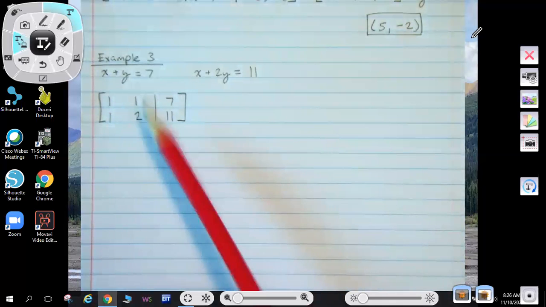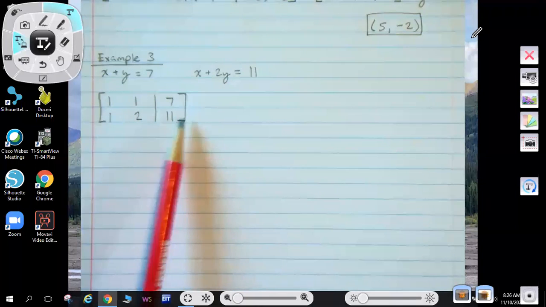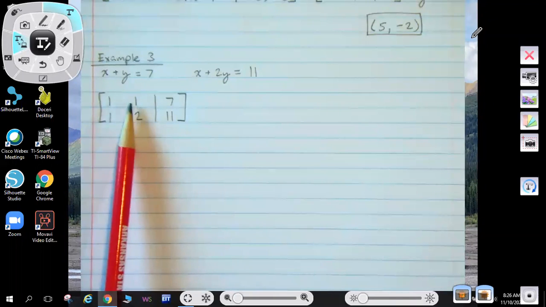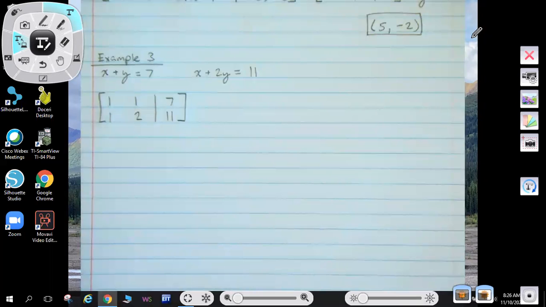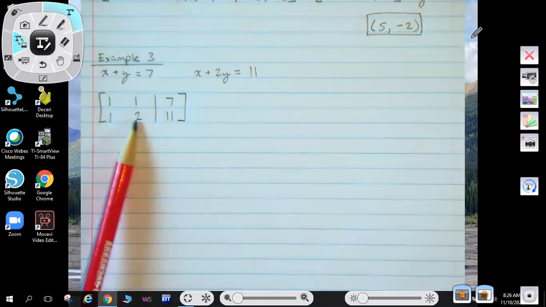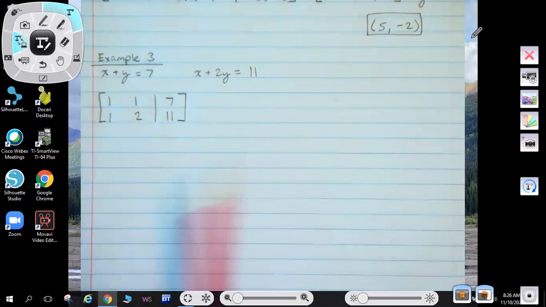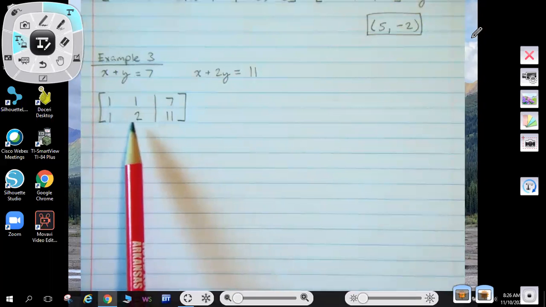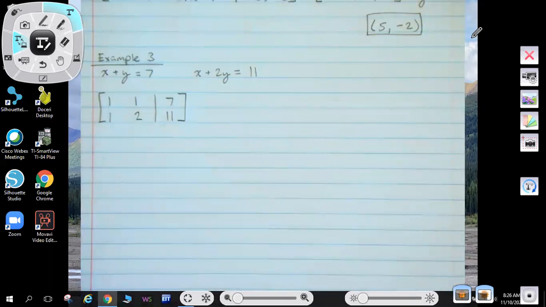So we need to figure out what we need to multiply this second row by so that we have a -1 here that would then add with this +1 to become 0. So we need to turn this 2 into a -1 by multiplying by something. So first of all, just to get from a positive to a negative, we'll have to multiply by something that's negative.